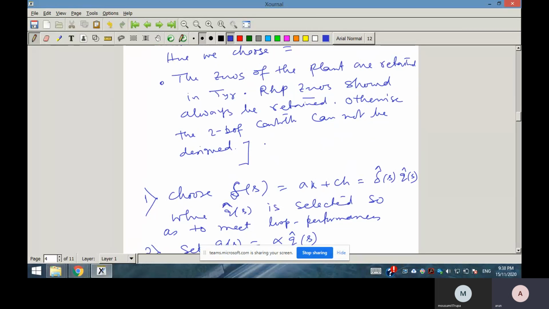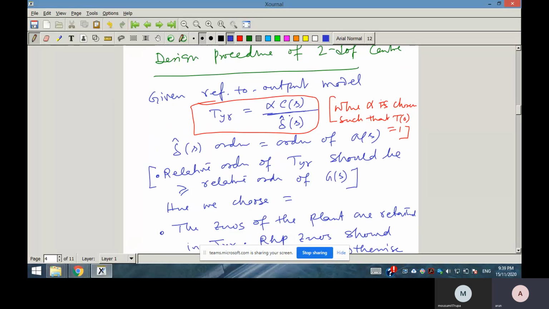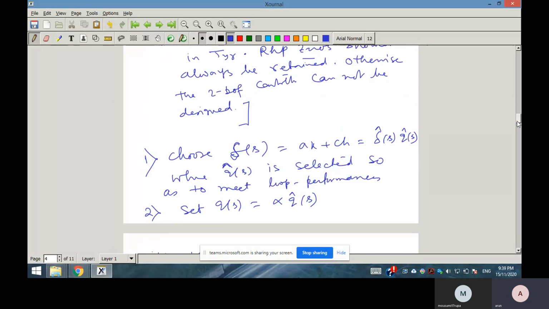If it happens, the input output response may become stable, reference input to output, but some internal signal may diverge. That's why the RHP zeros should be retained. In fact, here I have retained the total CS, not only the RHP zeros, the stable zeros of the plant also.